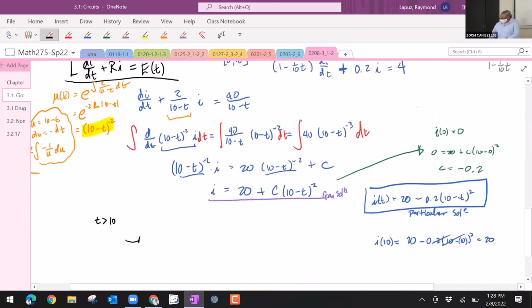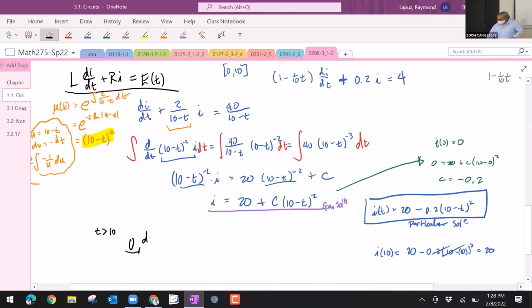So according to our formula, 0 times di dt plus 0.2 times I is equal to 4. Well, this is gone, and I just have this, which gives me a formula for I. 0.2 I is equal to 4. Let's divide by that. I is equal to 20. Good, because that matches with what we have.